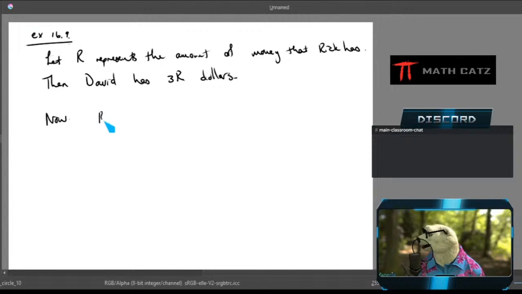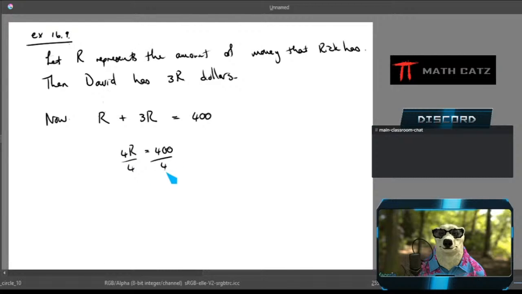So the amount of money that Rick has plus the amount of money that David has equals 400. And there's my information translated into the mathematical language by way of an equation. Now I look at this equation and see, oh, okay, I have 4 R's, and that equals 400. Divide both sides by 4, so R equals 100.